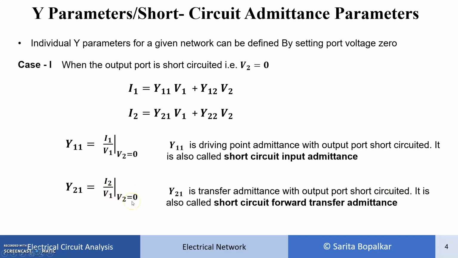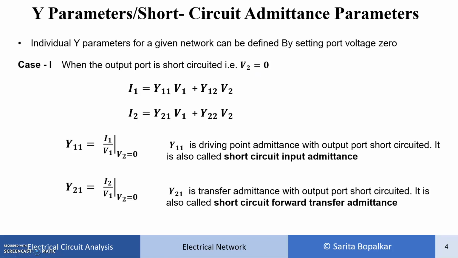V2 equal to 0 means output port short circuited. It is also called the short circuit forward transfer admittance. Why forward? Ratio of output variable upon input variable. Why admittance? It is the ratio of current and voltage. And why transfer? Both the variables are from different ports.